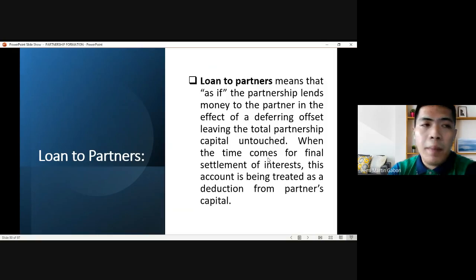So the capital is untouched, it's not being deducted or decreased, but an asset account is being maintained. That's loan to partners. So take note, the partnership is lending something to a specific partner. So loan to partners is a receivable, it is an asset account.